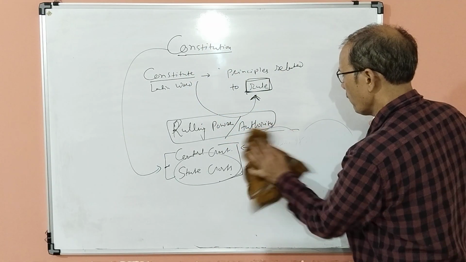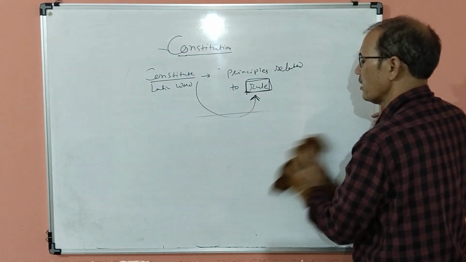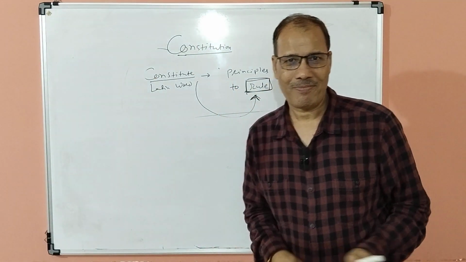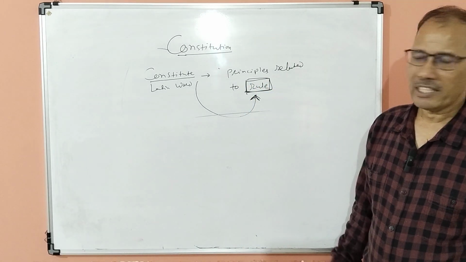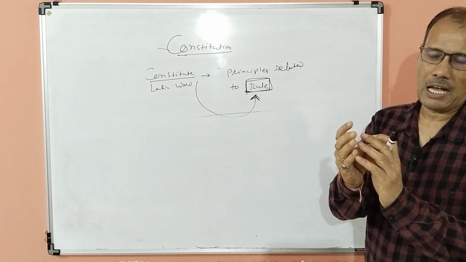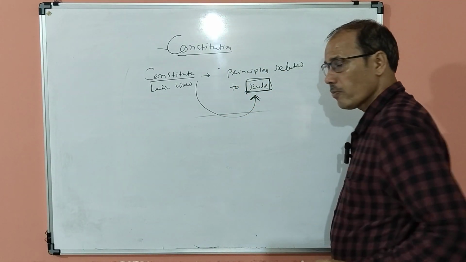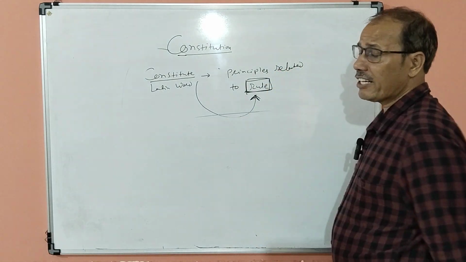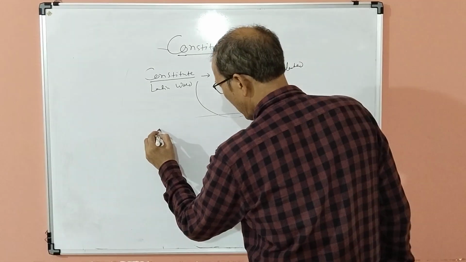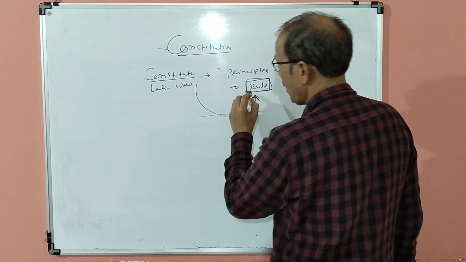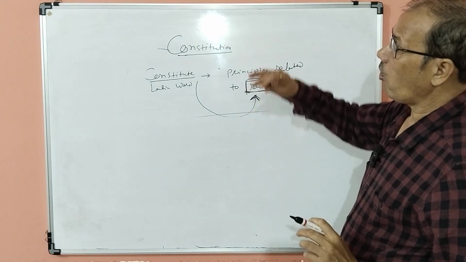I think we are going the right way to understand what the constitution is. The principles related to rule, and this rule has wider concepts and aspects. The constitution becomes, as I just told you, the upper hand of all rules.